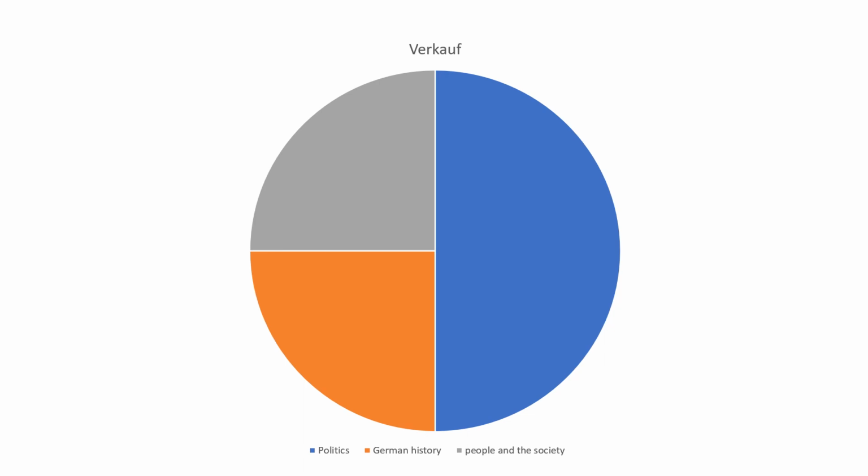In the test, 50% of the questions are related to the subject area of politics and living in a democracy. 25% of the questions are related to German history, and the remaining 25% is related to people and society.